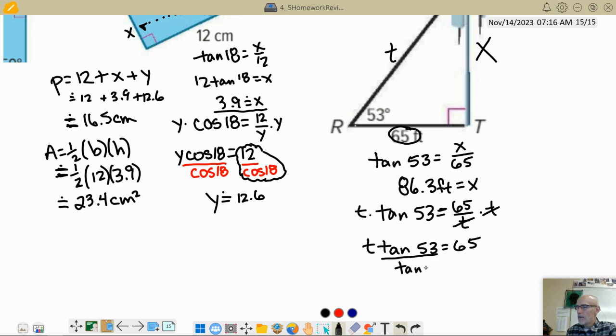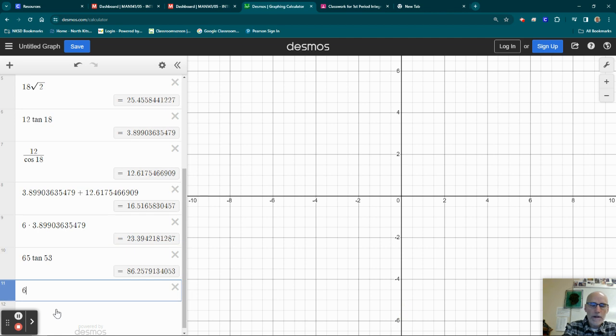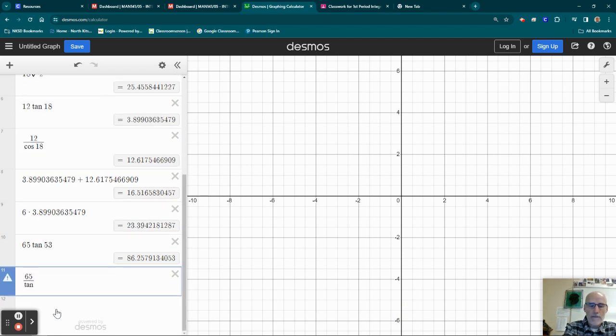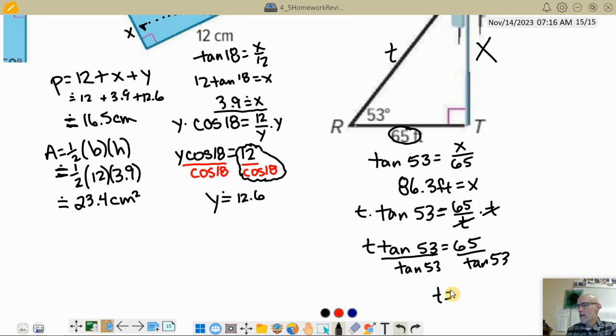So divide by the tangent 53 on both sides, and we end up with 65 divided by tangent 53. And I get 48.98, or I guess that goes to 49. So let's put approximately 49.0, I think, if we round to the tenths place.